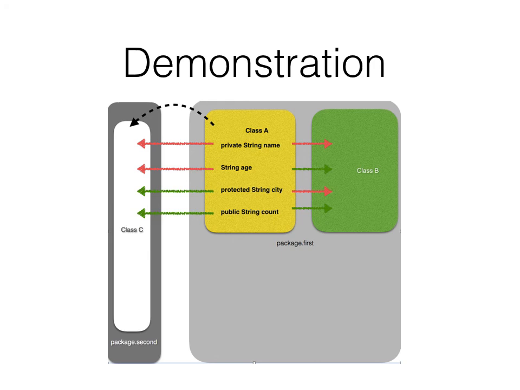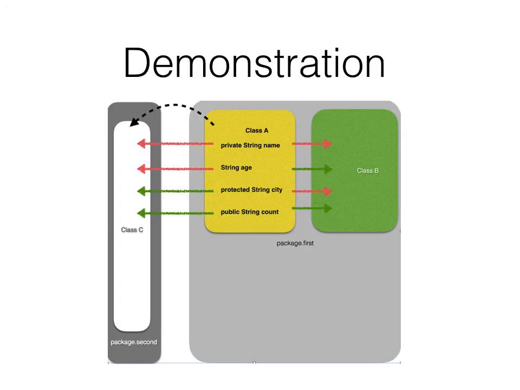Therefore, the count variable can be accessed by all three: class A, class B, and class C. So I hope you guys understand the basic concept of access modifiers in Java. Thank you very much.